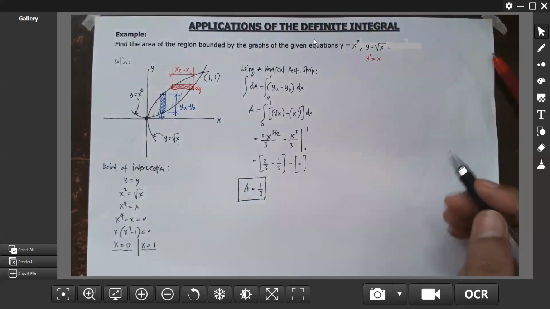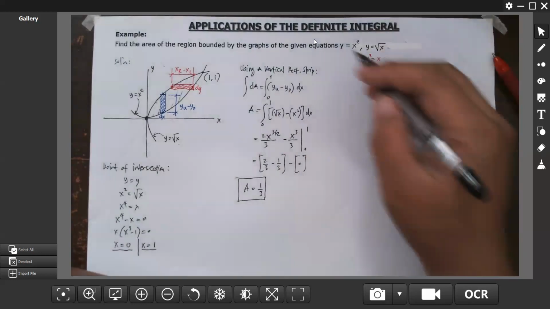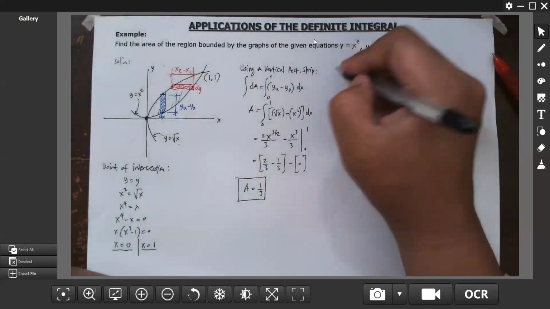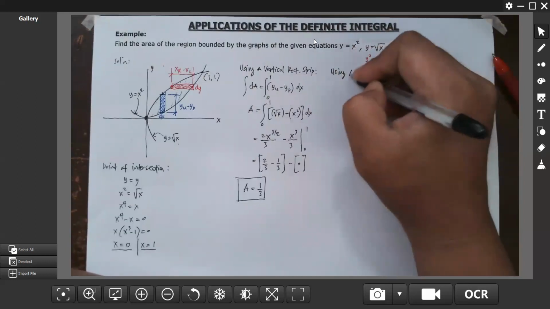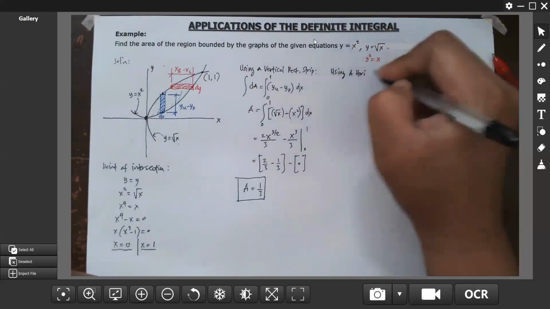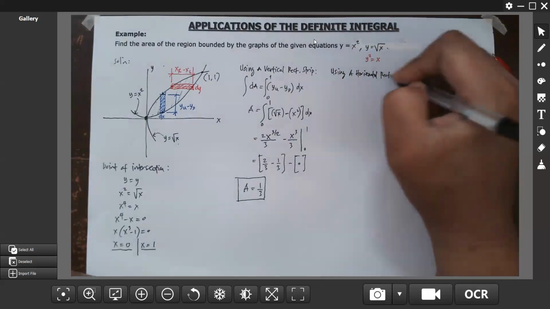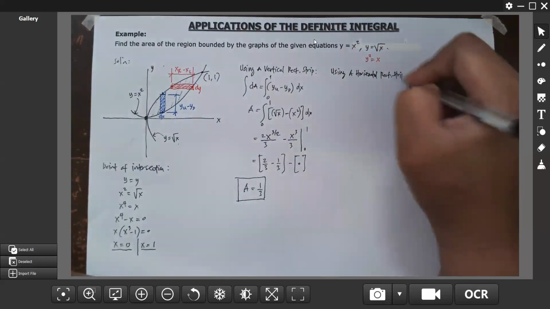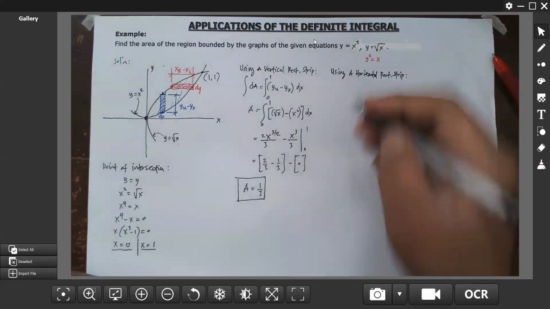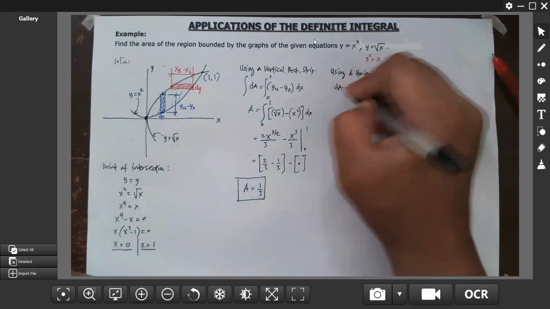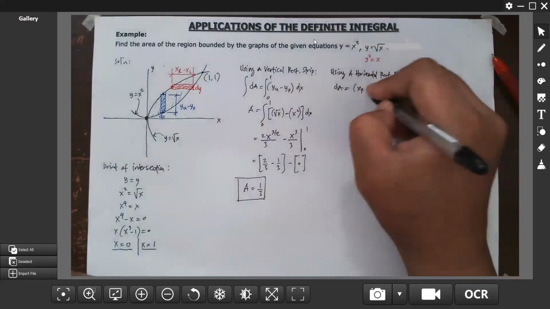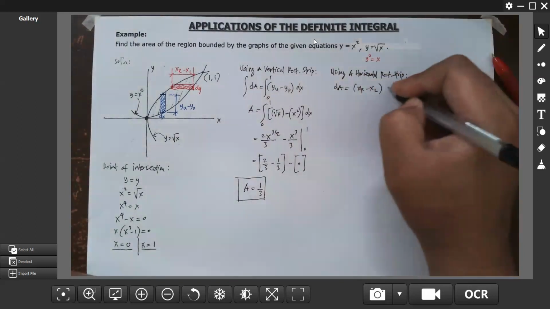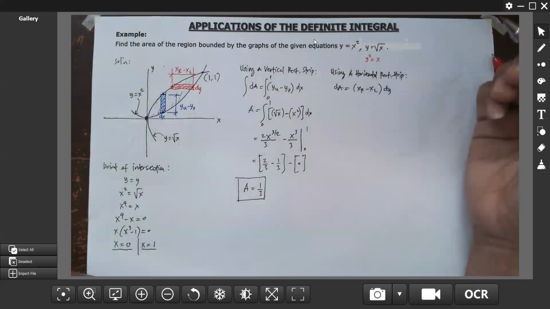Okay. Using a horizontal rectangular strip. Our dA is right minus left, xR minus x sub L, dy.